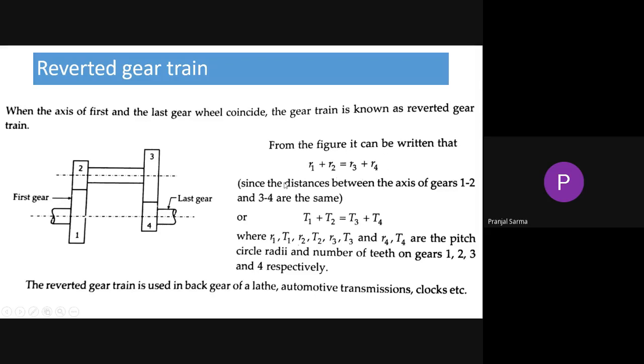It is the addition of this plus this, and this plus this. Or in terms of teeth also we can write, typically t1 plus t2 can be written as equal to t3 plus t4. Whenever we are talking about gear analysis, all those radii or diameters are nothing but the pitch circle radius or pitch circle diameter.